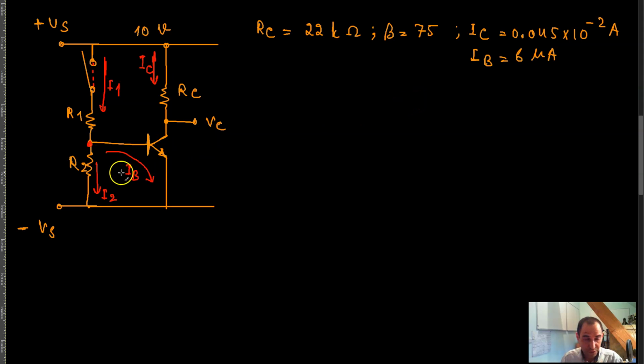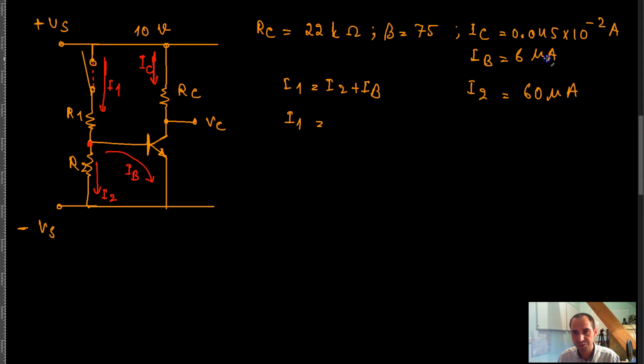Okay. So now we said that we would take I of 2 as 10 times I of B, and that tells us that I of 2 can be taken as 60 microamps, and since I of 1 is the same thing as I of 2 plus I of B, therefore I of 1 would be equal to 6 microamps plus 60 microamps, which is the same thing as 66 microamps, right?